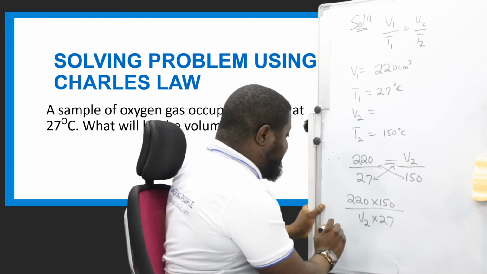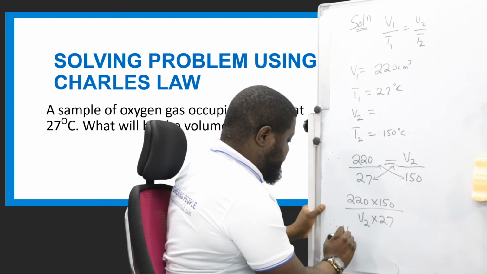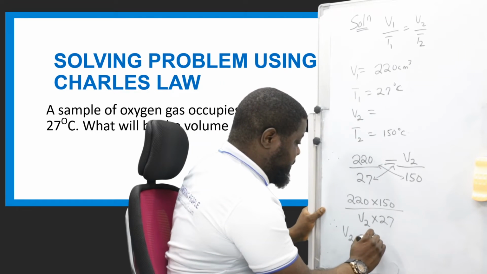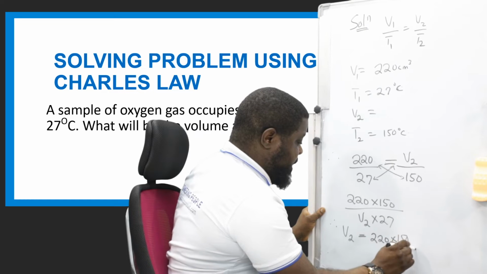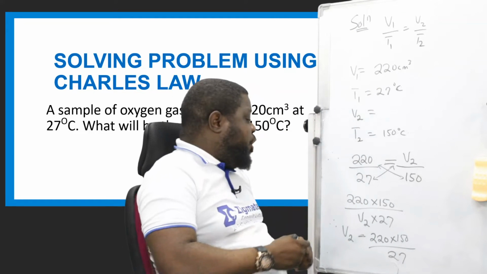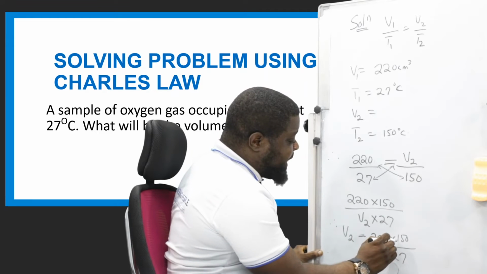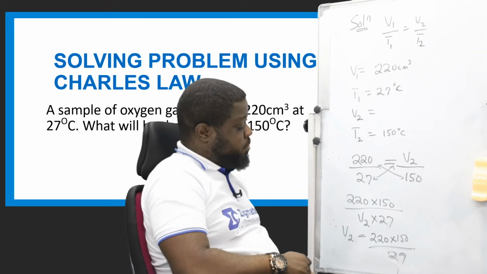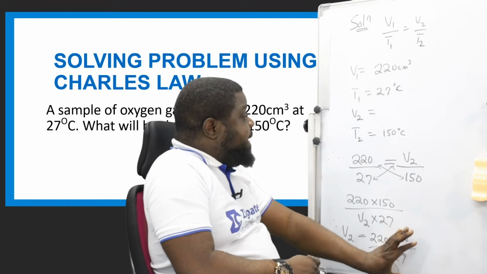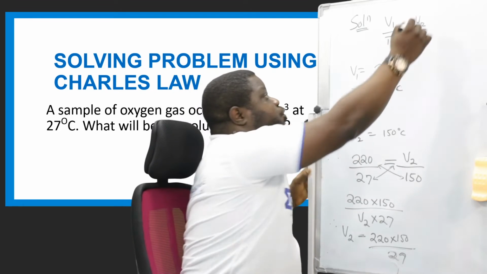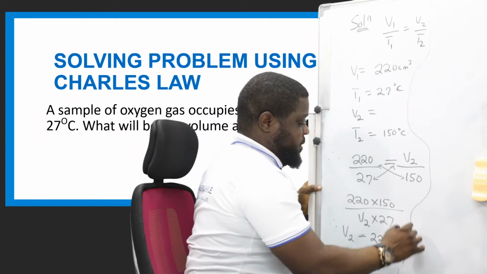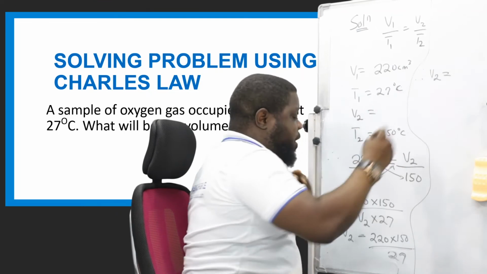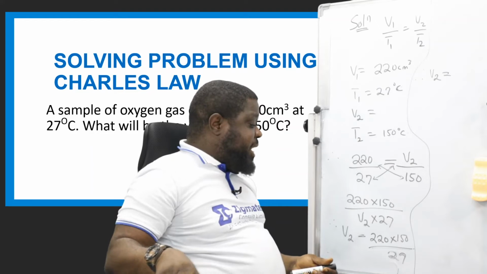Therefore, our V2 will be equal to 220 times 150 divided by 27.